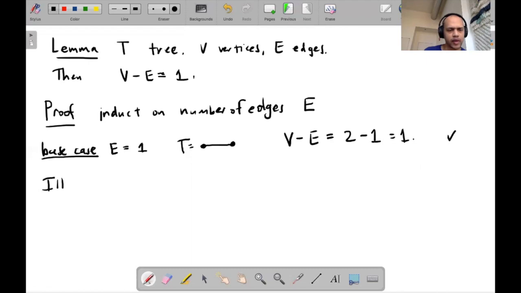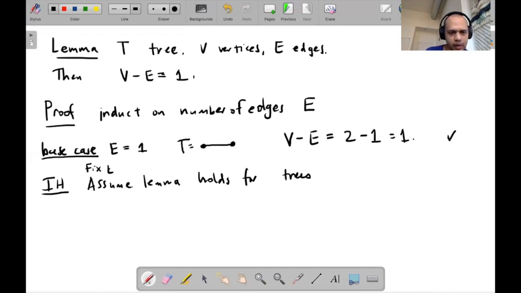Now the induction hypothesis. Let's fix E and assume the lemma holds for trees with fewer than E edges.